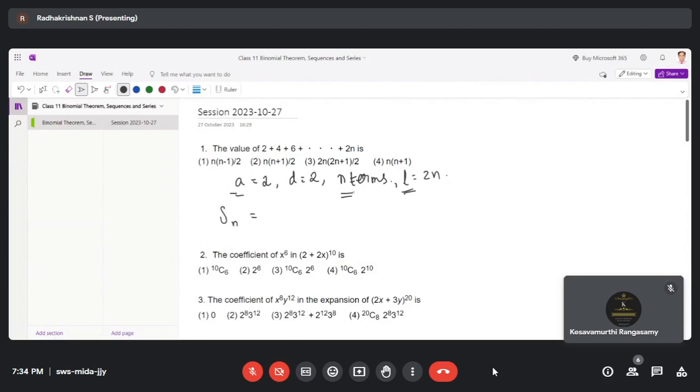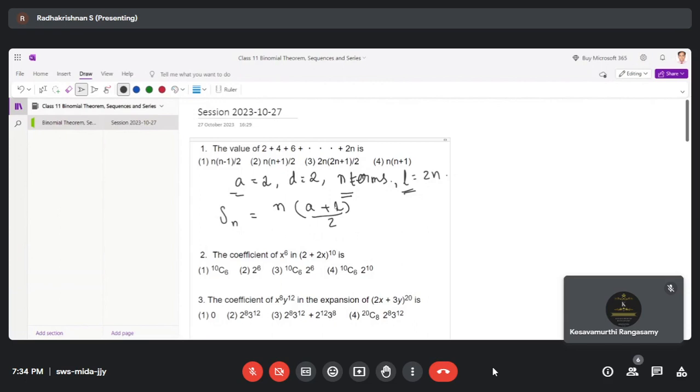Do you think that for n, l and a there is a formula? That formula is n into (a plus l) divided by 2. Because this is the average: first term a, last term l, average is (a plus l) by 2.